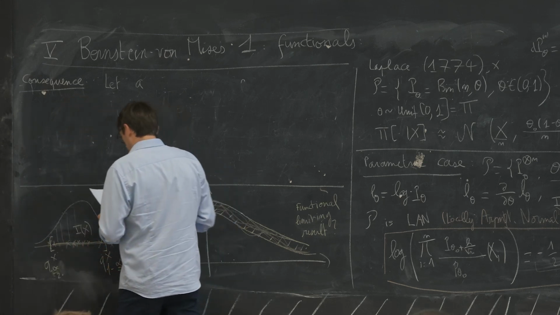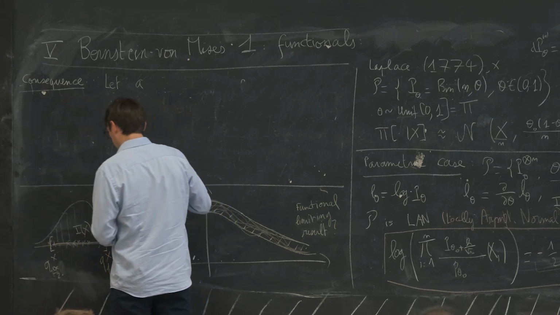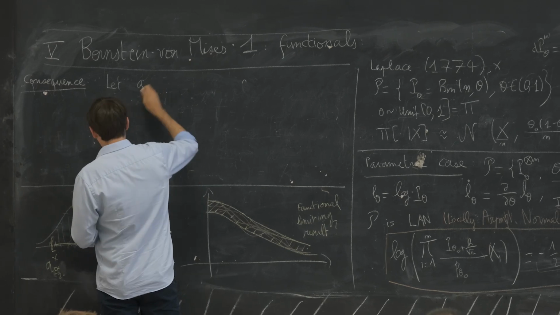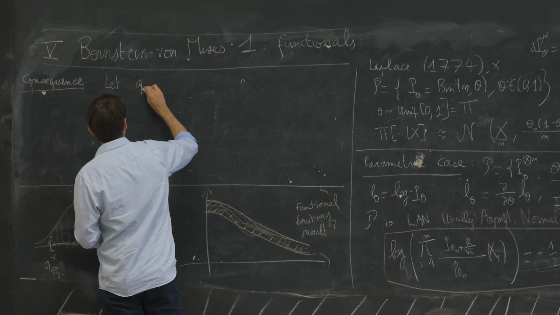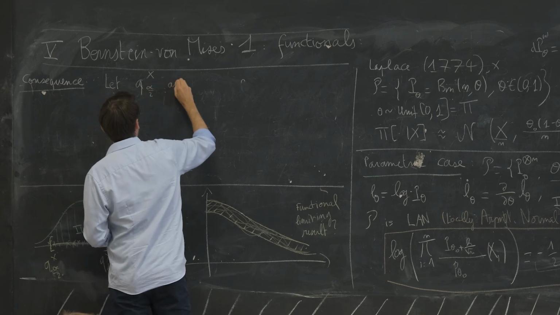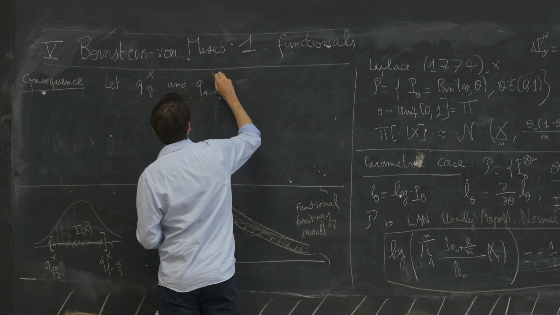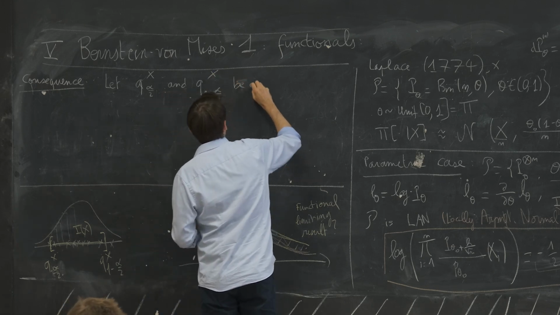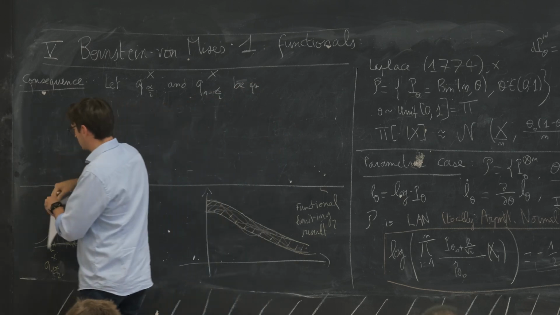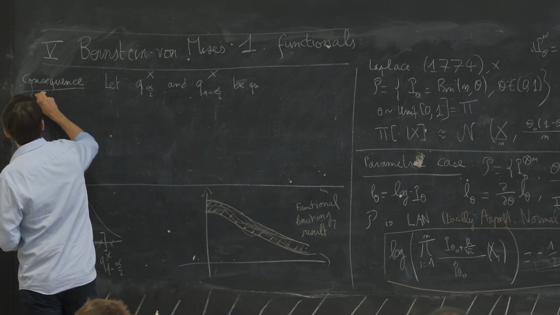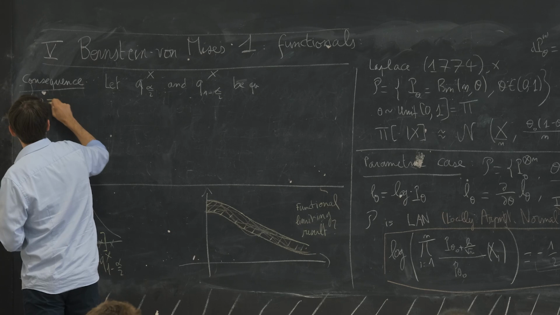Let me give the important consequences, following this picture. I will take the same notation. Let q alpha over 2 of x and q 1 minus alpha over 2 of x be the quantiles. Here I'll say dimension 1, so p equals 1.